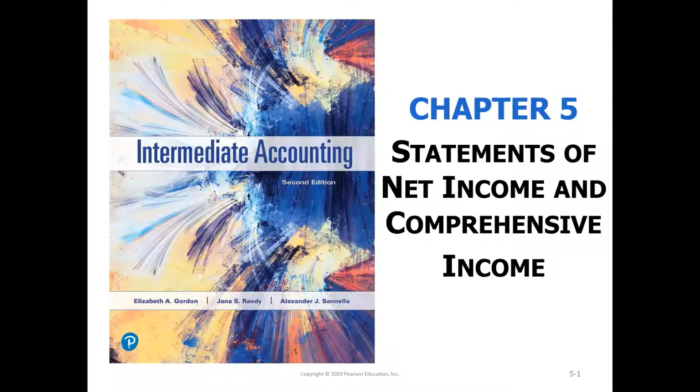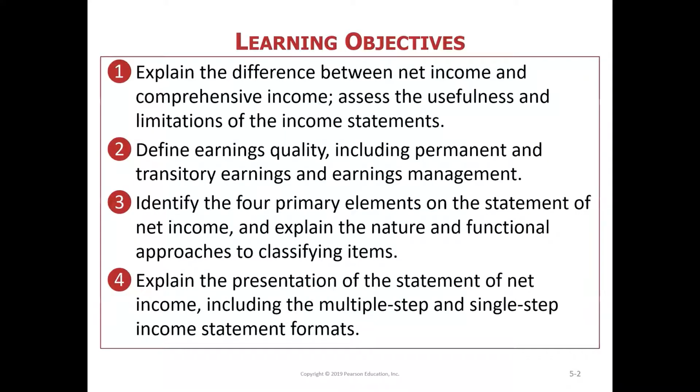Single step and multiple step statements are discussed as part of the conversation of reporting requirements. In addition, Chapter 5 addresses the differences in reporting of net income between GAAP and IFRS. So we're going to look into the objectives of Chapter 5.